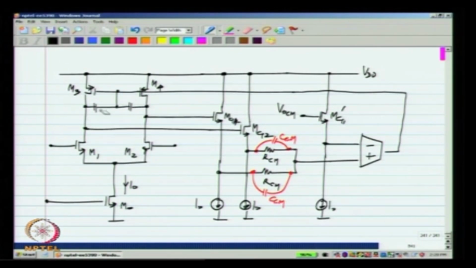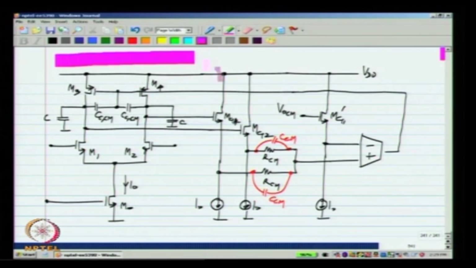Something like this. And finally, the actual load of the op amp will be here, C and C. So, now the circuit looks very complicated, but it is not.